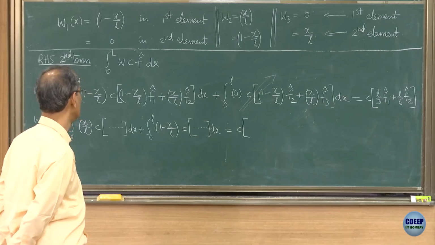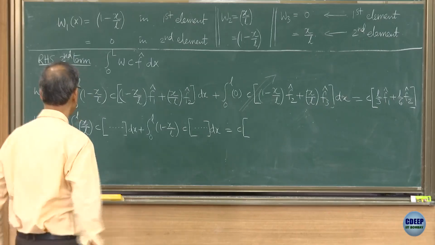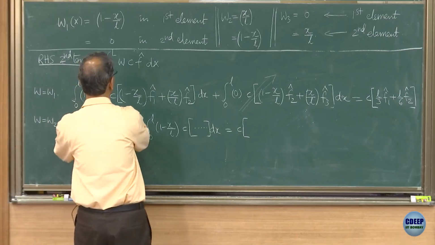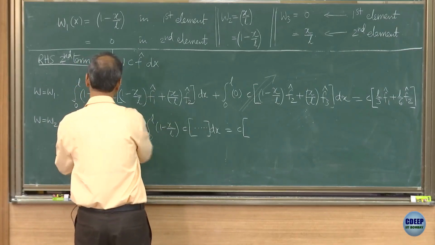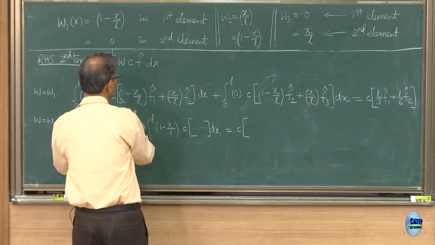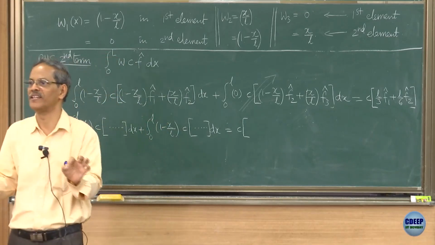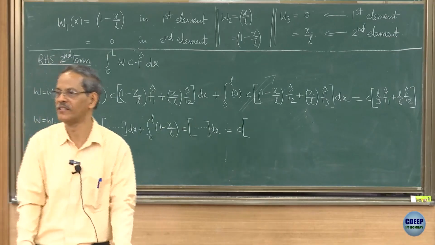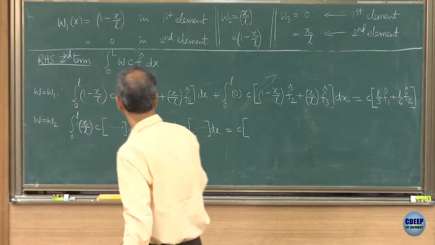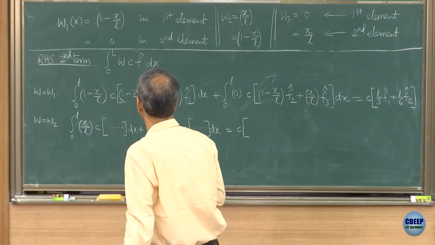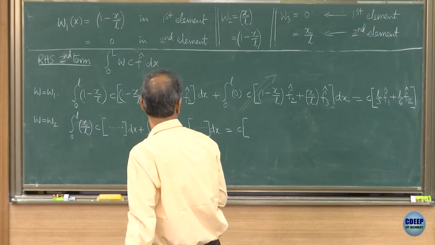It is the same terms, 1 minus x by L squared or x by L into 1 minus x by L. So very similar terms keep coming in the integrations. How much did you get on the right hand side, second term for W equal to W2?